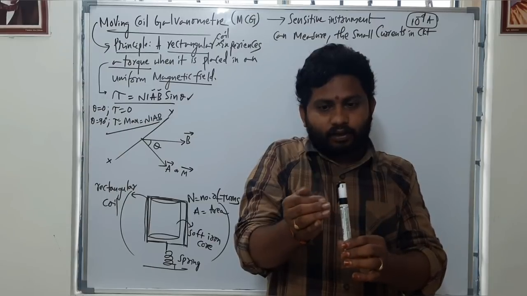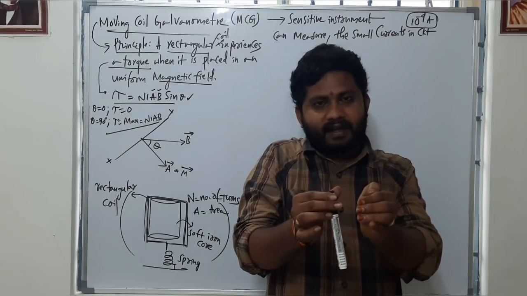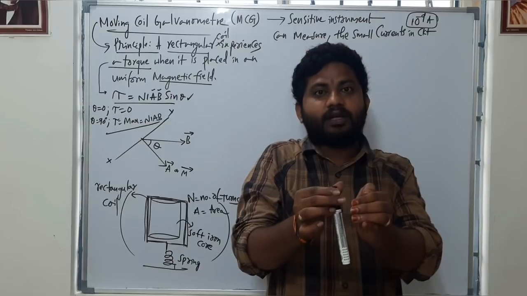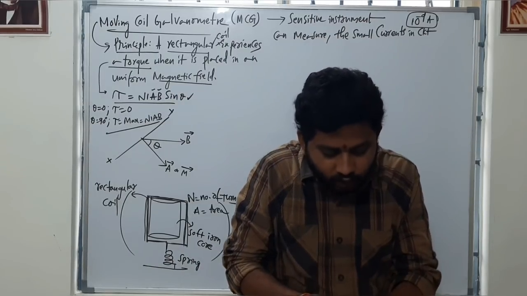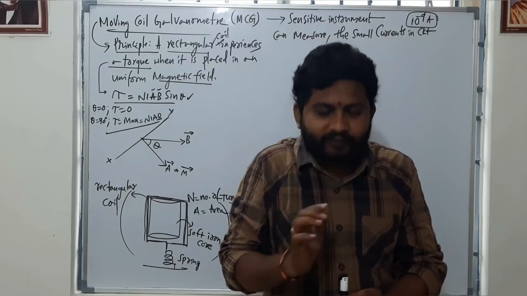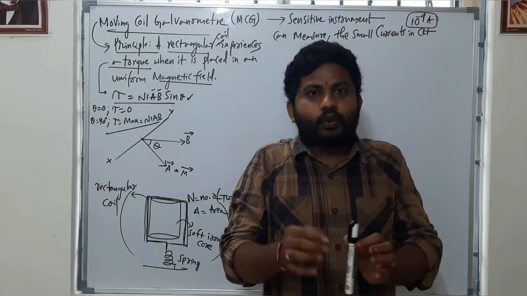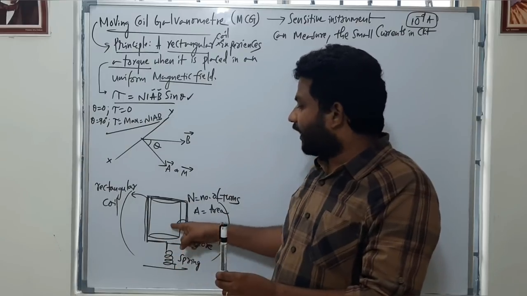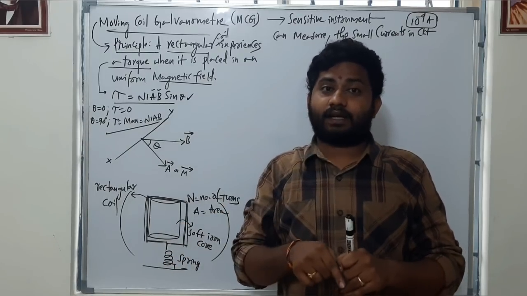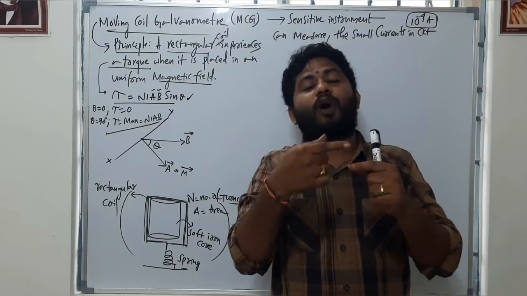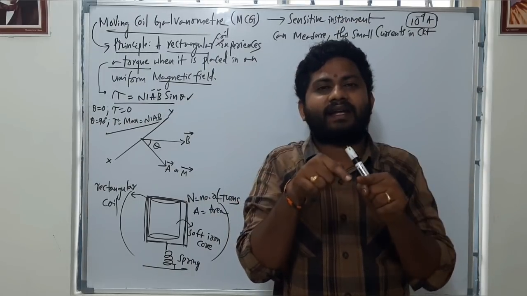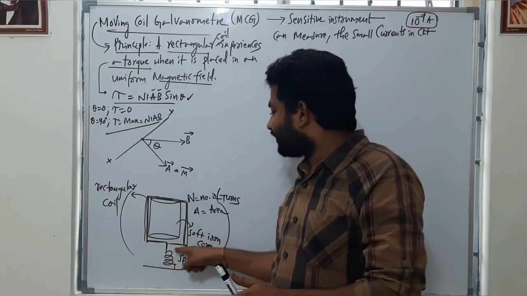Understand? Carefully look at this. So this is the north pole of a magnet and the south pole of a magnet. In between these two poles there is a cylindrical soft iron core on which a rectangular frame of coil, made of insulated copper wire, is fixed here.